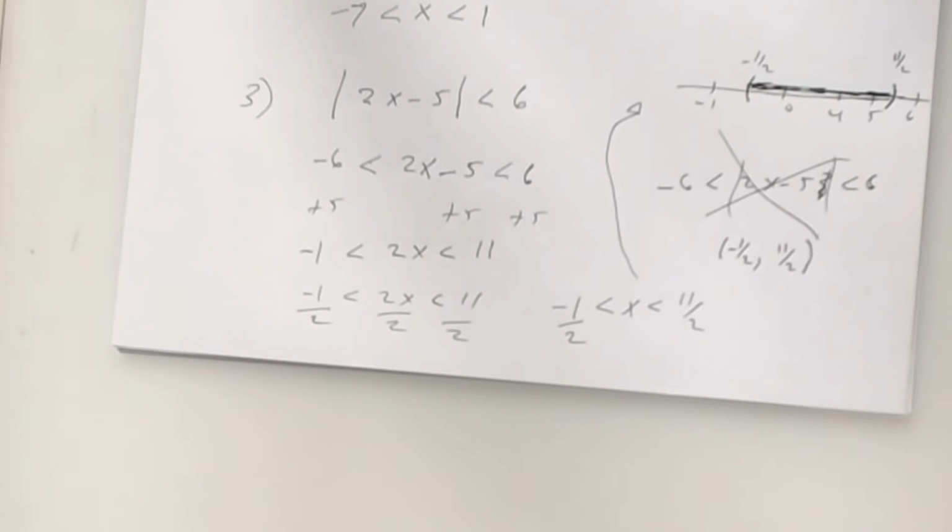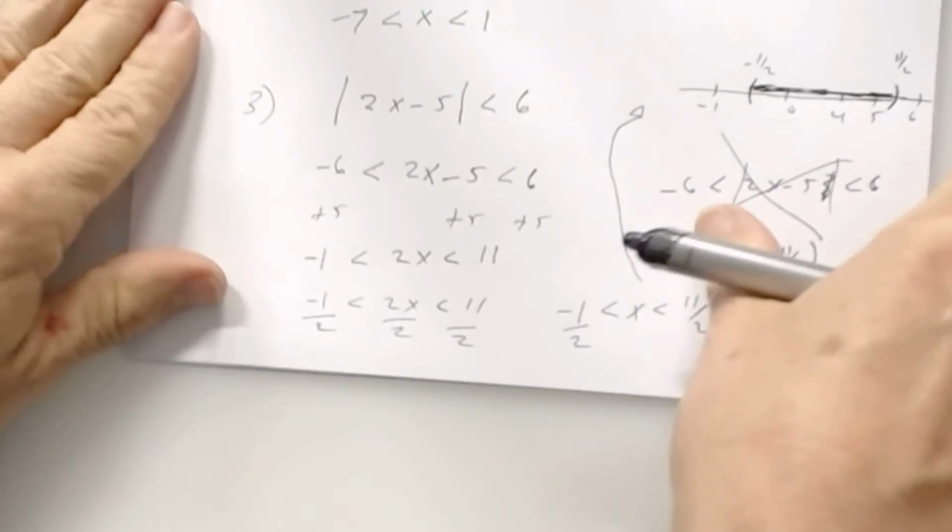All right, let's do one more with absolute value less than, and then we'll do the greater than tomorrow. So let's look at number 4. Okay, listen carefully.